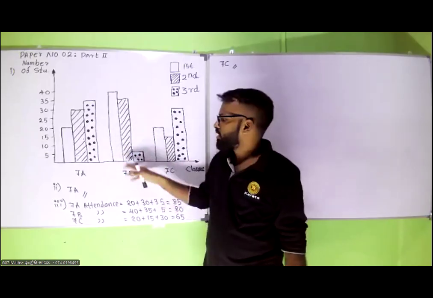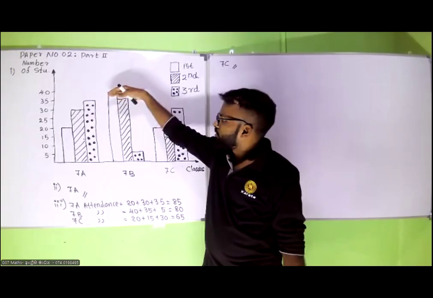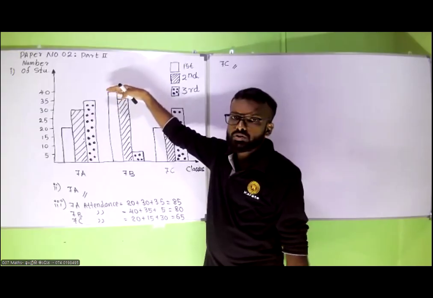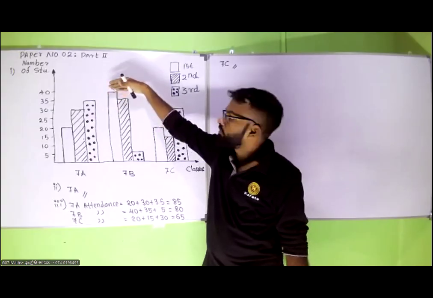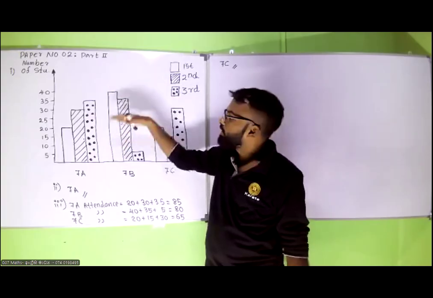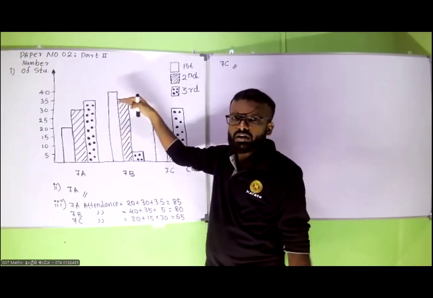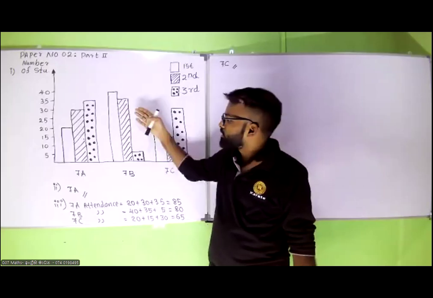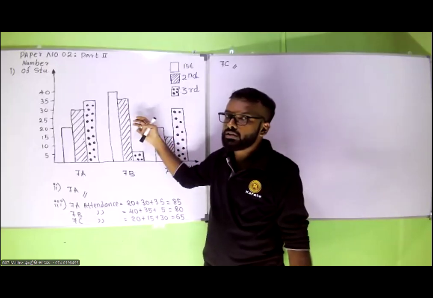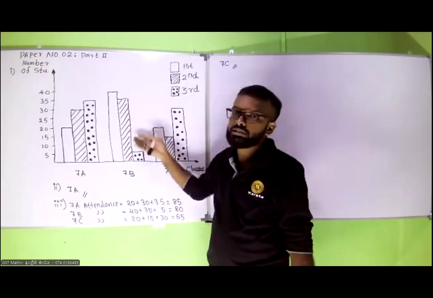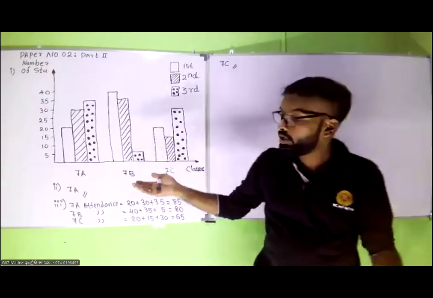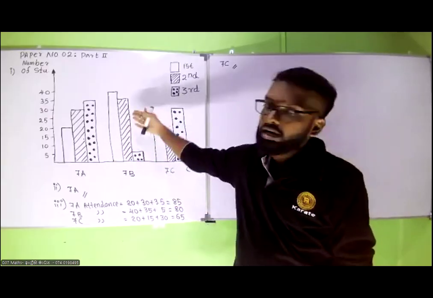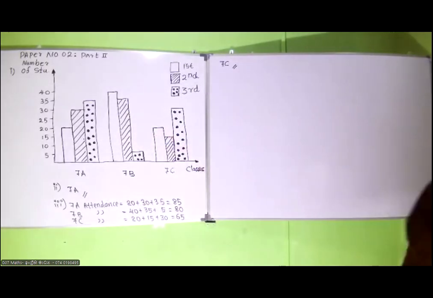Sometimes the attendance of the first week is highest of the 7B, then a little bit decreasing, then again a little bit decreasing. So sometimes the teachers might not teach them. That is one of the reasons you can have for this one.